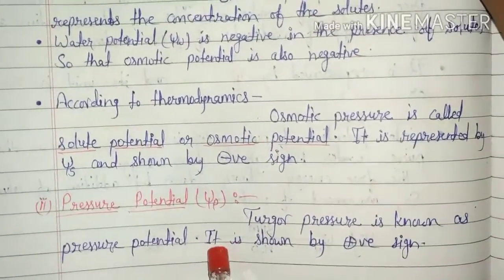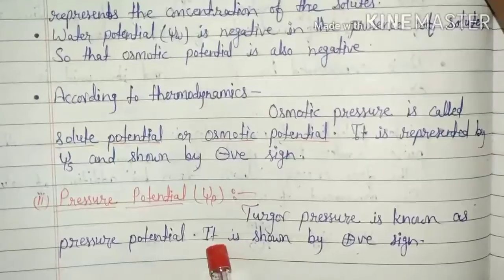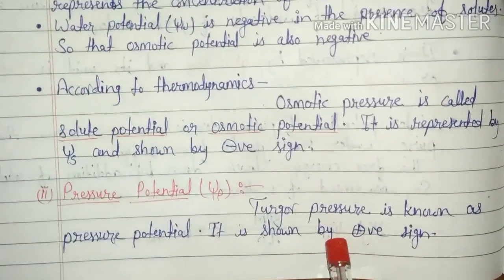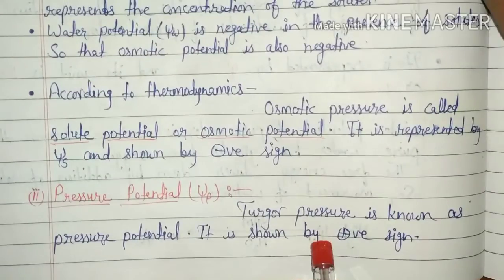And it pushes the cell wall. So, it is shown by a positive sign. It means, in general, it is turgor pressure TP, and in the thermodynamic way, TP is called pressure potential psi P.